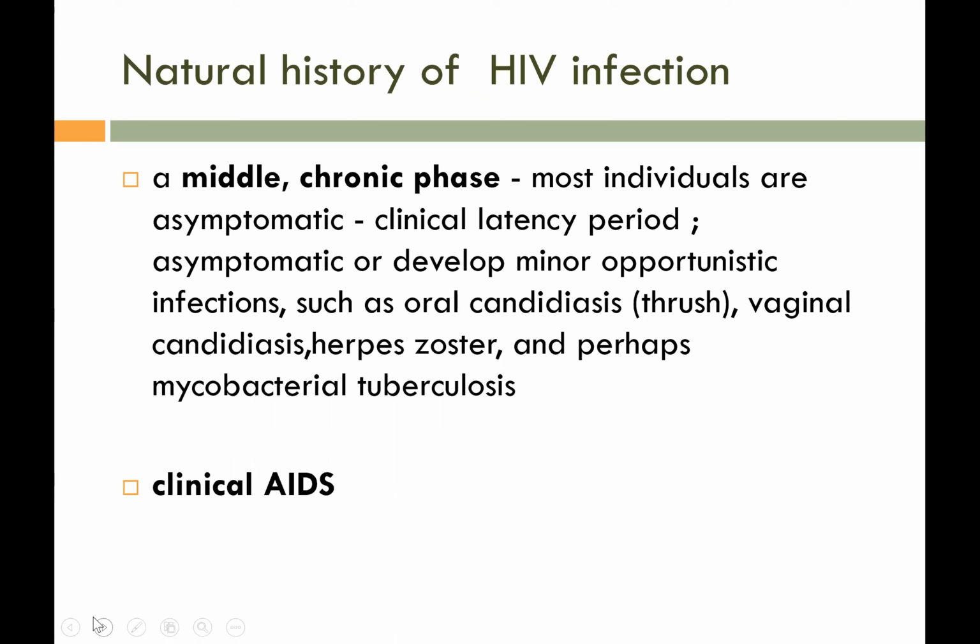Although the majority of the peripheral blood T cells do not harbor the virus, the destruction of CD4 T cells within lymphoid tissues continues. So the mechanisms that I have enumerated to you a while ago are happening in the middle chronic phase, so the CD4 lymphocytes are expected to steadily go down, and it may take years for it to reach a very significant level, the cutoff of which is around 200.